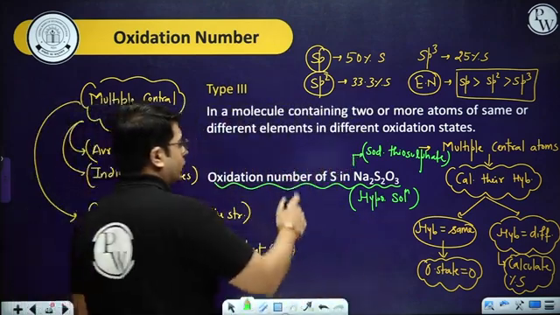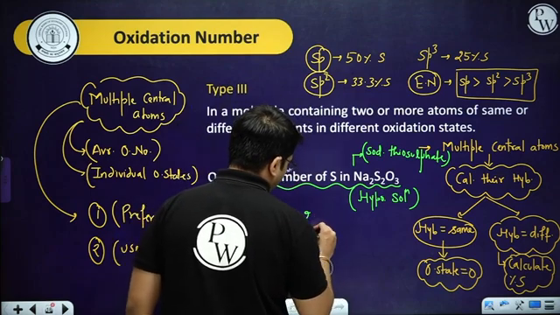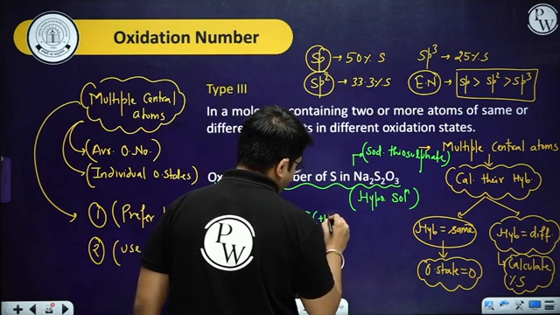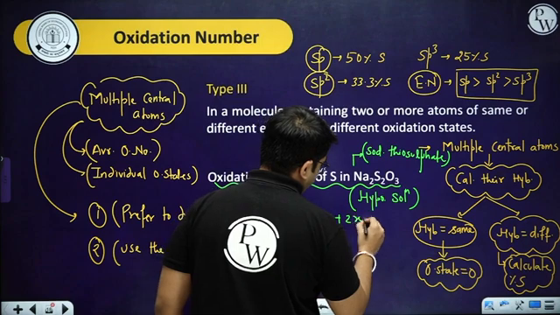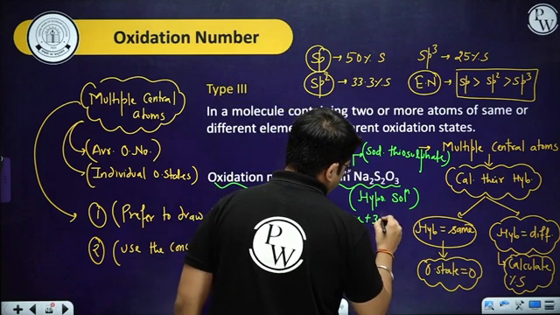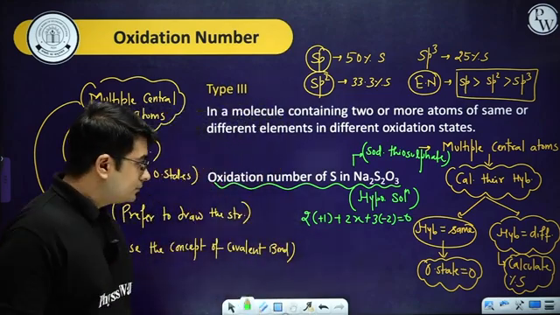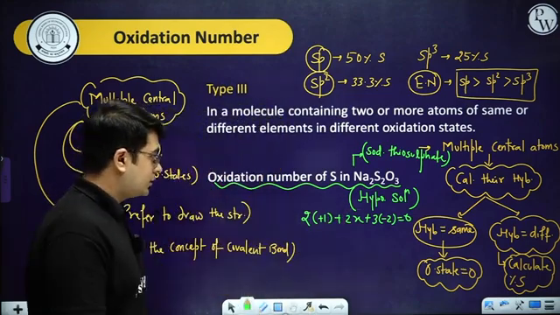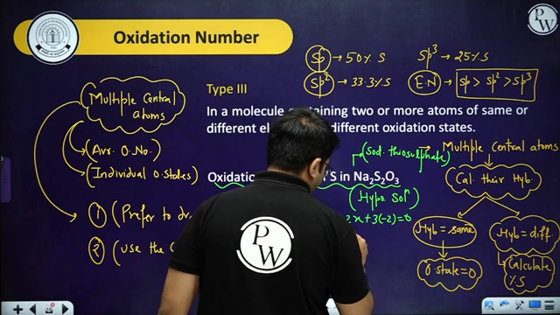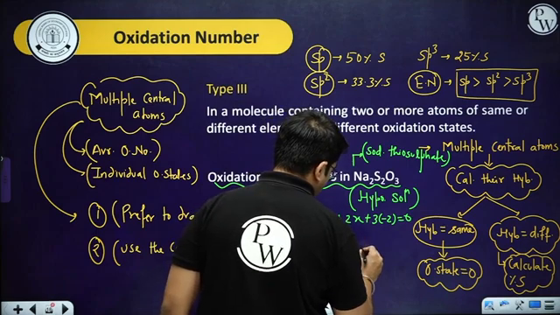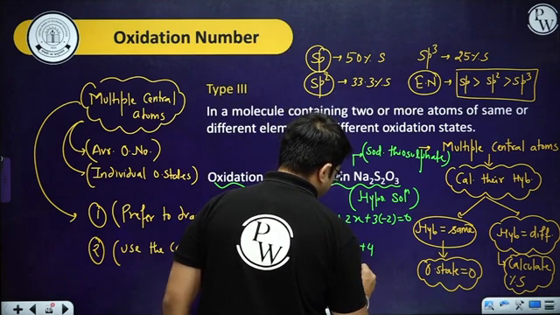So if I want to calculate this entire part, I can say we have 2 sodiums having +1 charge, plus 2 sulfur X, plus 3 oxygen -2, that will be equal to 0. 3 2s are 6, and that will be 2x is equal to +4, x will be equal to +2.